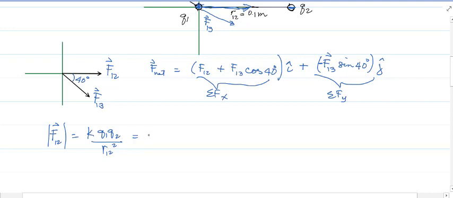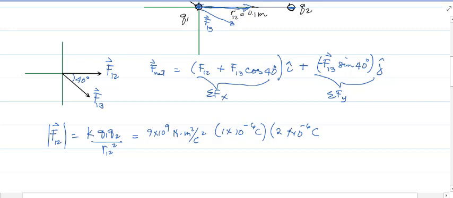So this is just plugging in the values: 9 times 10 to the 9 Newton meter squared per Coulomb squared for the K, and then the magnitude of our charge 1 multiplied to the magnitude of our charge 2.